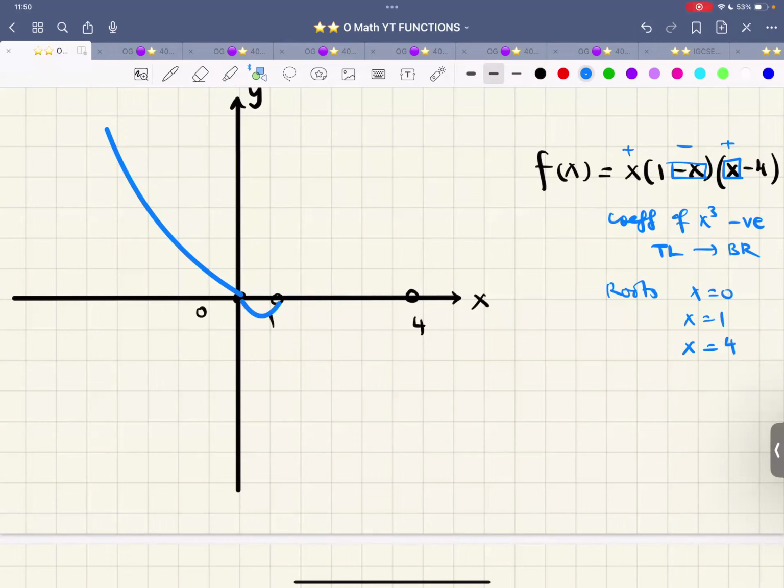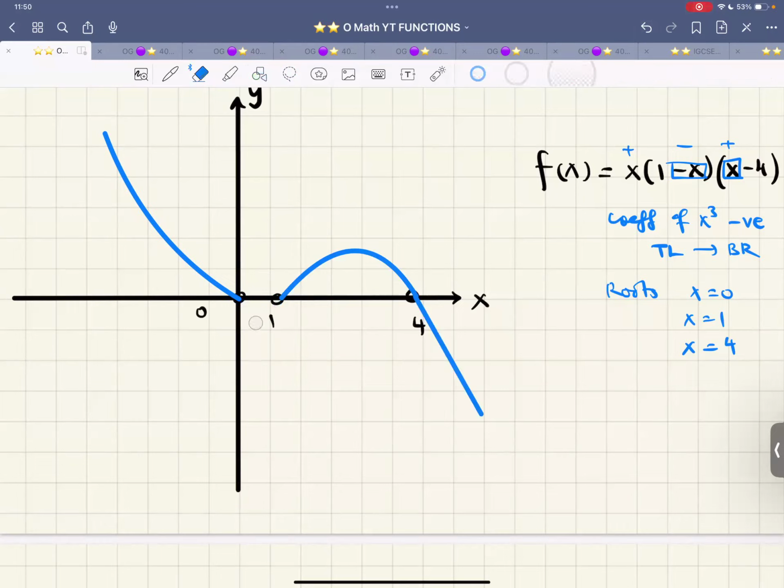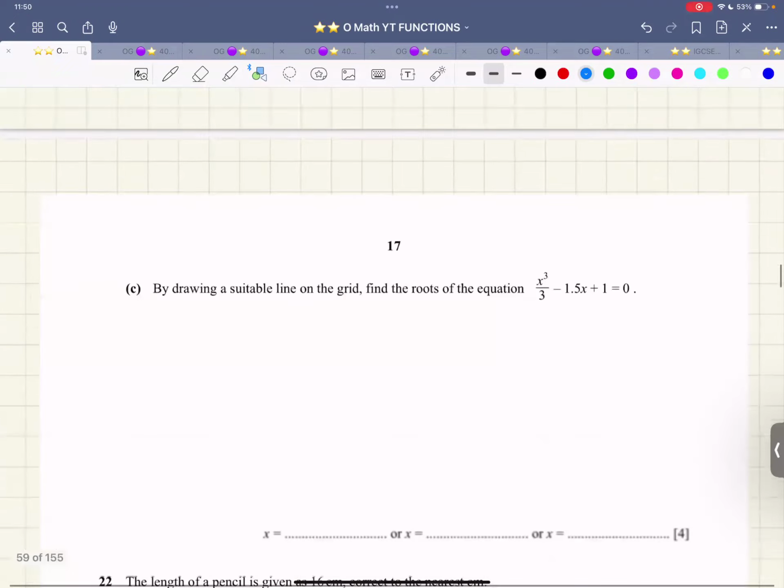Something like this. Shift it a little bit like this. Okay. And then, okay. So I think that would do the job. I can make it a little bit better. Okay, that is better. Top left, bottom right, top left, bottom right.